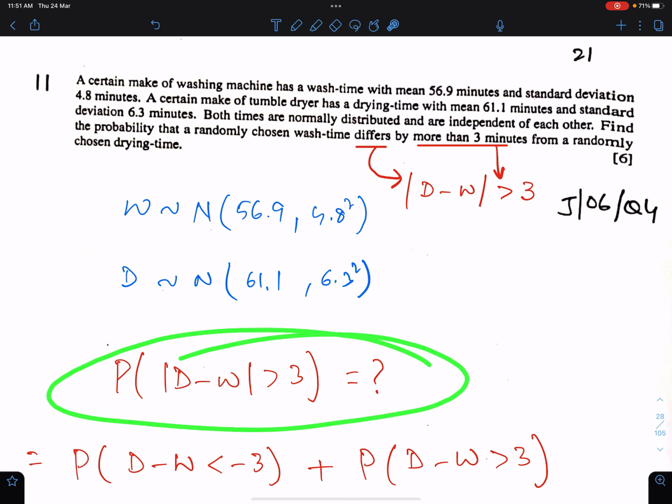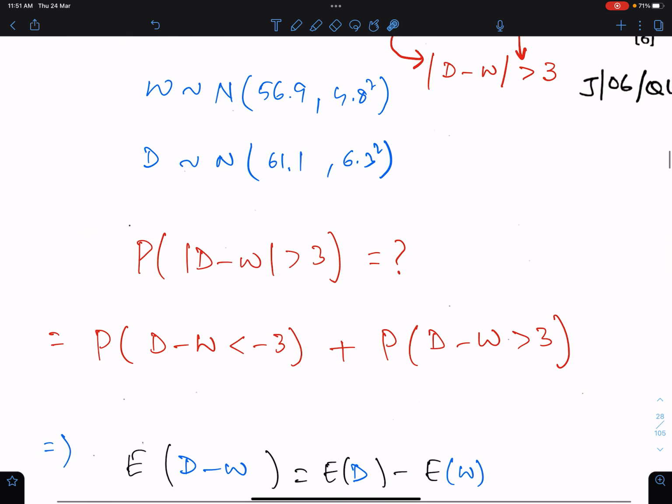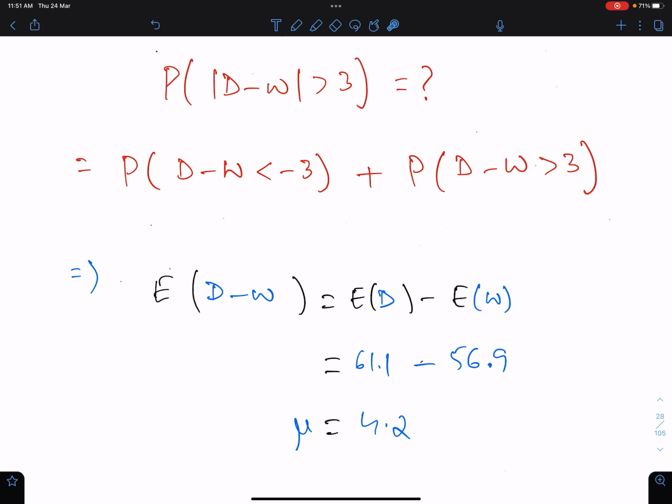This is the requirement of this question. You all know how to remove modulus. Whenever we have a greater sign, we write D minus W less than minus 3, and D minus W greater than 3.